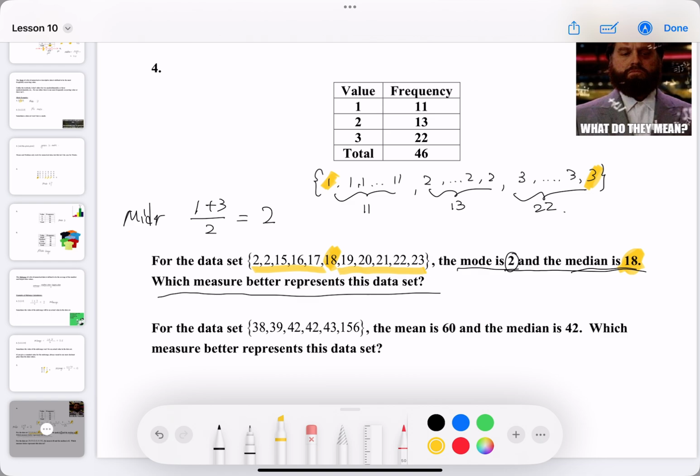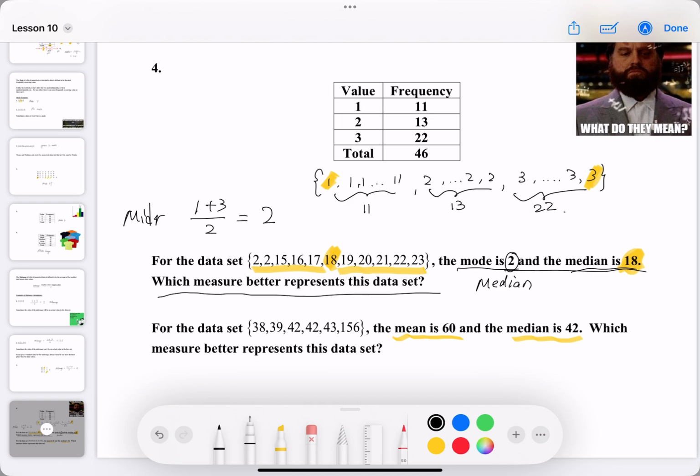Next example, we have 38, 39, 42, 42, 43, 156. The mean is 60 and the median is 42. Which measure is better to represent this data set? Can I say 60? No, I'm going to choose the median.